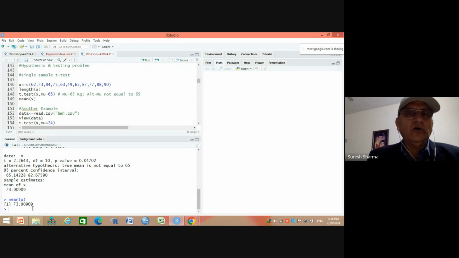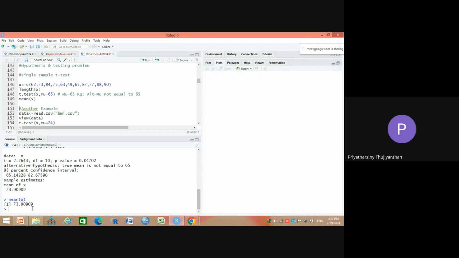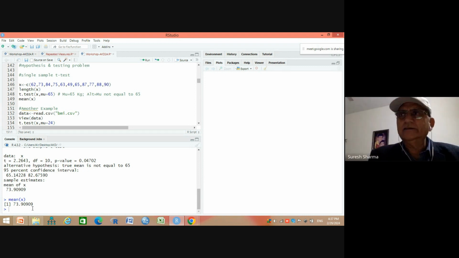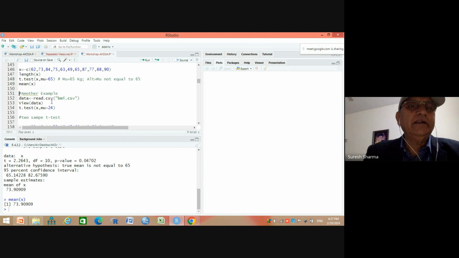The mean weight is not 65 kg. If somebody asks whether it is greater or less, you can look at the mean. Can you tell me whether it is greater or less? Yes, this is greater than 65, right?